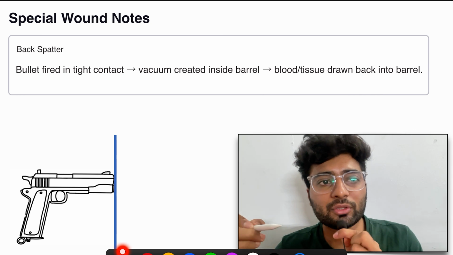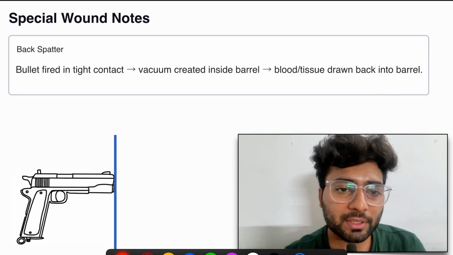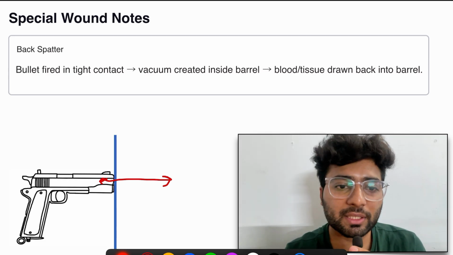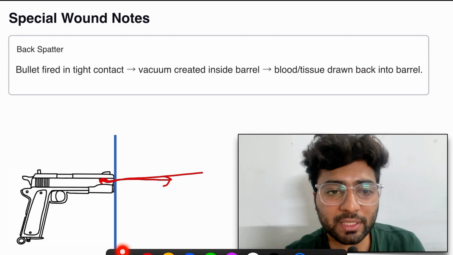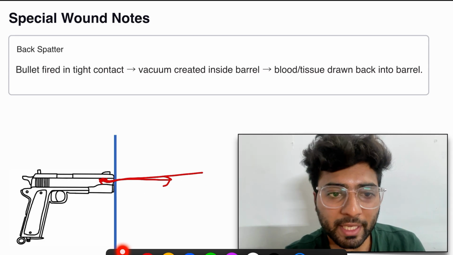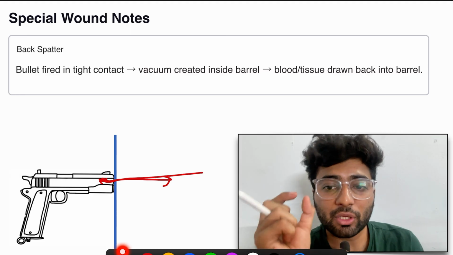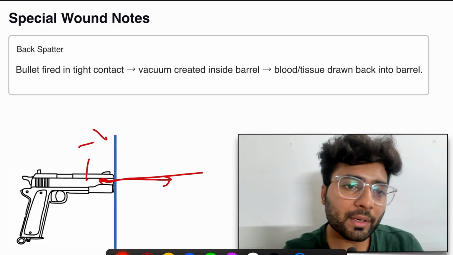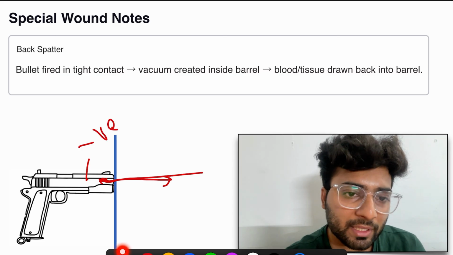Now the last topic for today is back spatter. What is back spatter? Whenever, let's say, the bullet over here is fired, the smoke, burning, flame, everything goes away with high pressure. So when there is high pressure of everything going away, a low pressure is created over here. After everything goes away, the low pressure is created, and due to this low or negative pressure, the tissues get sucked inside the gun.